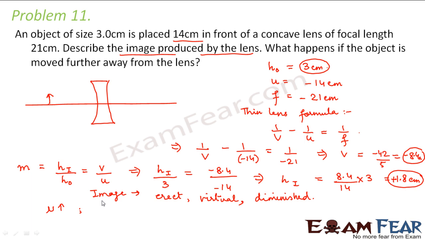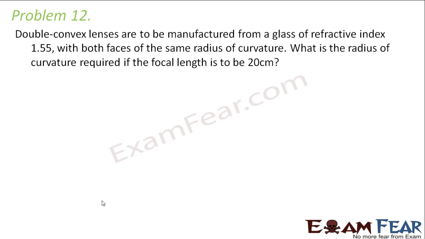Let us go ahead to the next problem, which says double convex lenses are to be manufactured from a glass of refractive index 1.55 with both faces of the same radius of curvature. What is the radius of curvature required if the focal length is to be 20 centimeters? It says that you have got two spherical surfaces. Then you have to make a double convex lens with that.